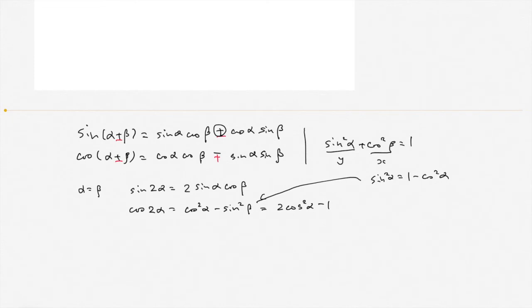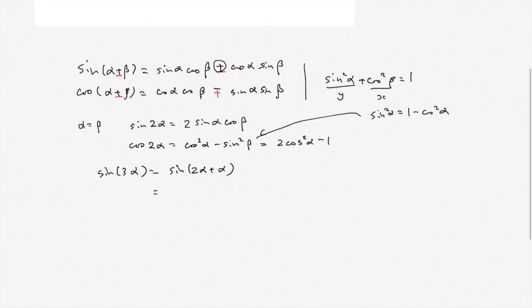Then sine 3 alpha becomes sine 2 alpha plus alpha. Then we can use addition formulas: sine 2 alpha cosine alpha plus cosine 2 alpha sine alpha.